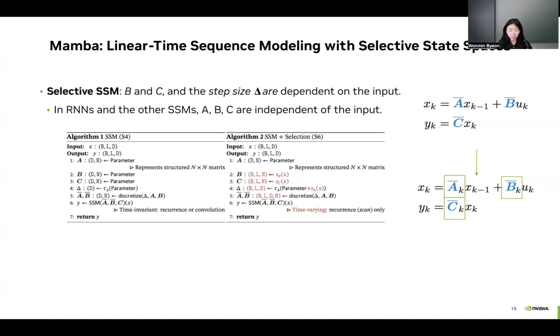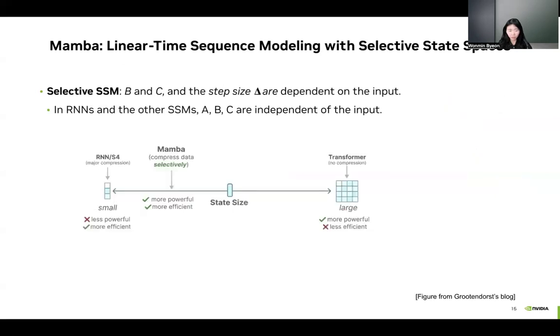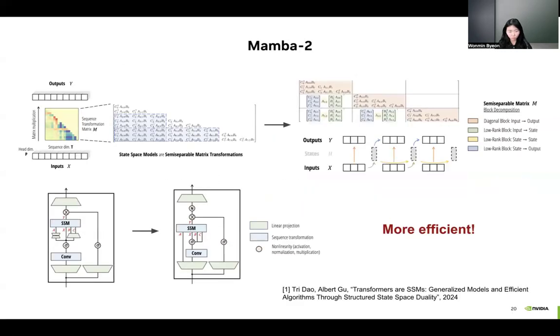That is true. You can consider that as a KV cache, but still the amount of computation is much smaller, and also the size of the matrix is a lot smaller. So it's not directly the same as the KV cache in a transformer. And in fact, in Mamba 2, they show the relation between SSMs and transformers, and based on that, they modified it to make it more efficient.